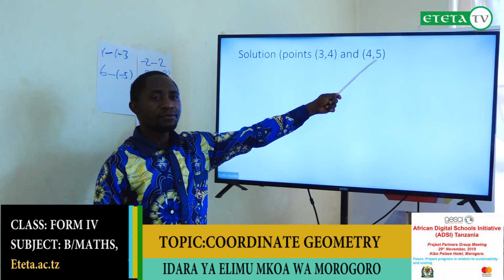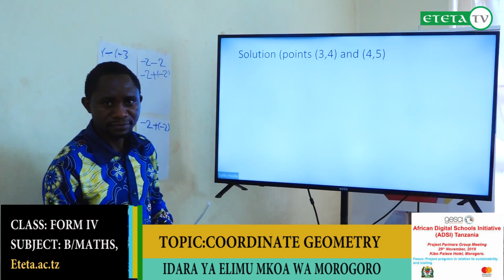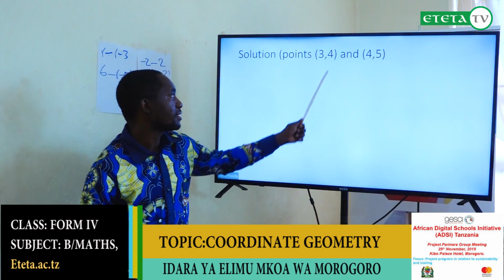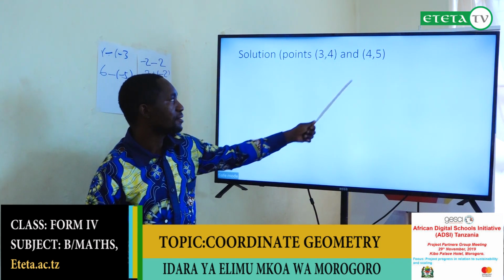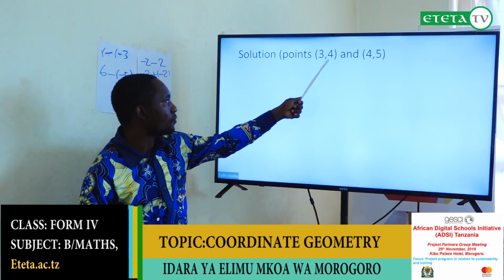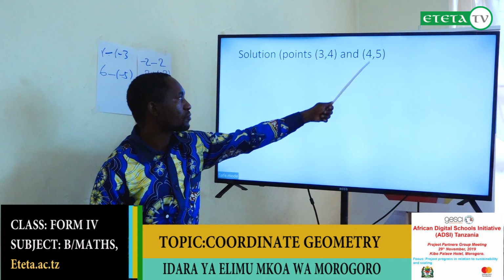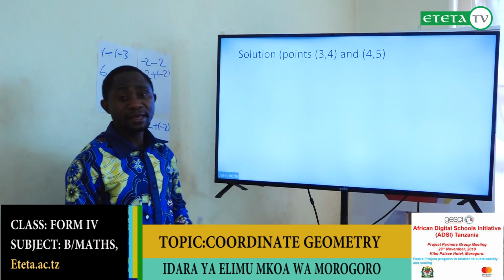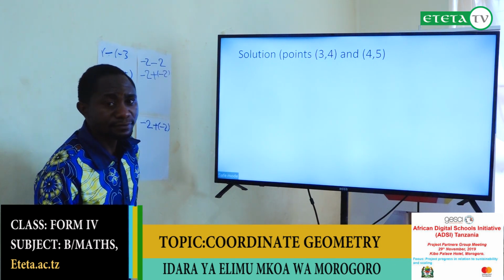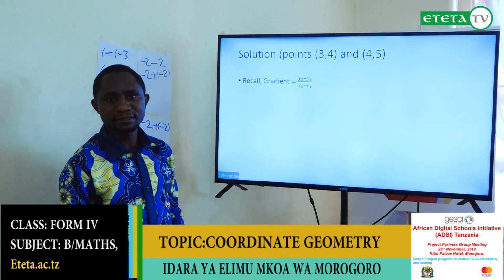The second value, which is 5, is the value of y. If this is point 1 and this is point 2, we can label this as x1, this as y1, and the 4 as x2, 5 as y2.